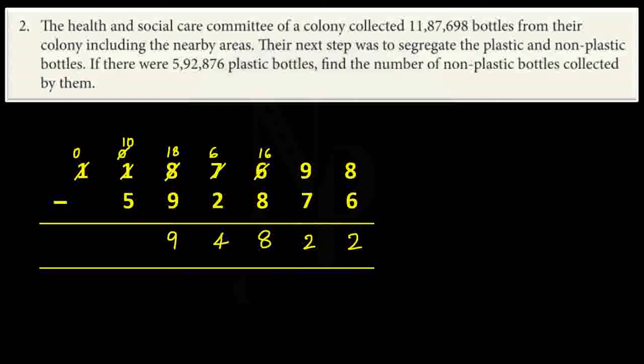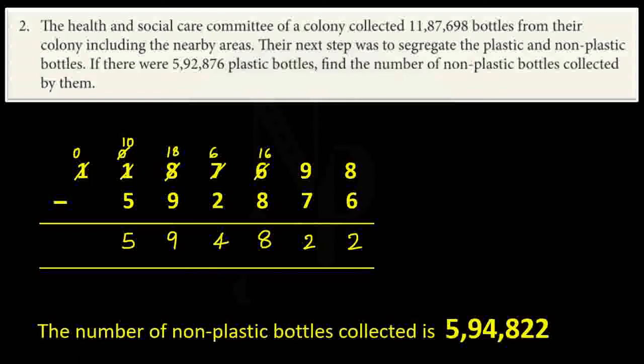Now subtract 5 from 10, you get 5. So the conclusion is the number of non-plastic bottles collected is 5,94,822. So like this, you have to find the required solution for such word problems.